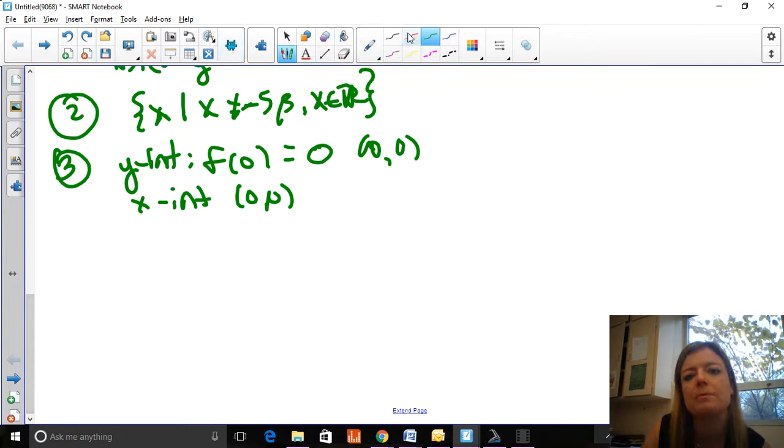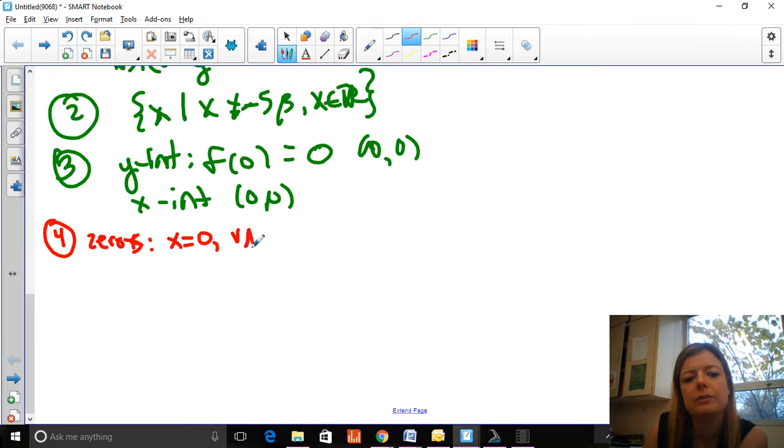Okay, so now we have to figure out where this function is positive and where this function is negative. This is an extremely important step, and that's why I'm putting it in red in a question like this. Remember, you have to consider all the zeros, so in this case, that's x equals 0, and all the vertical asymptotes, so x equals -5 and 3.